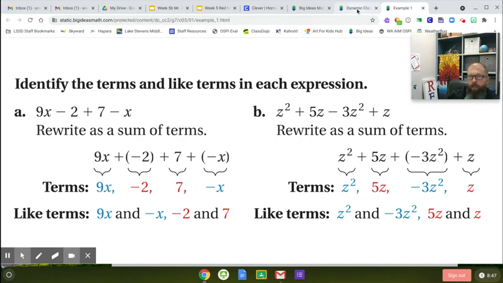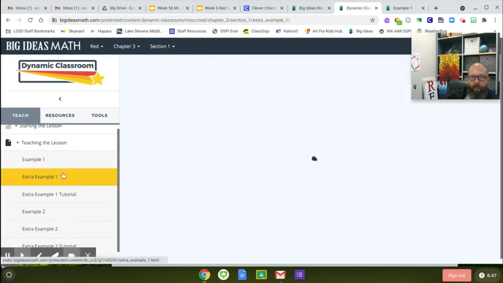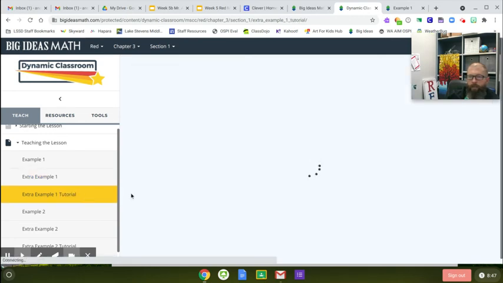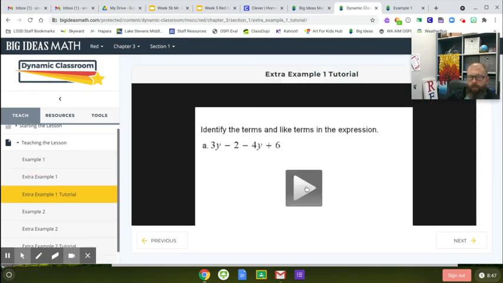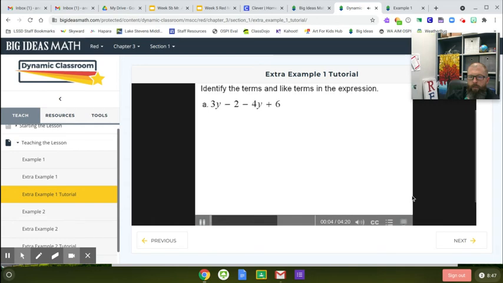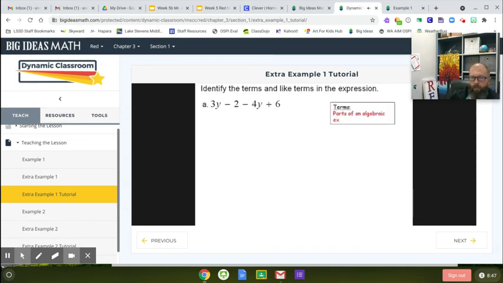All right, let's take a look at some more here. So we want to identify the terms and like terms in each expression. Let's take a look and see how they do it. Identify the terms and the like terms in the expression. Remember, parts of an algebraic expression are called terms.